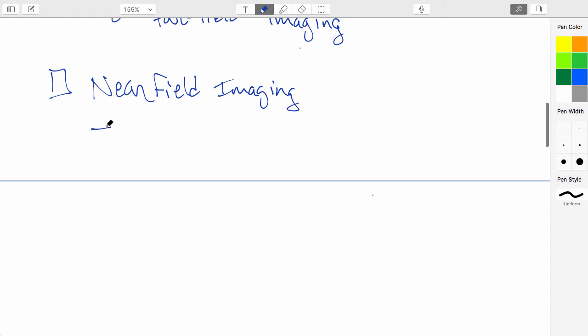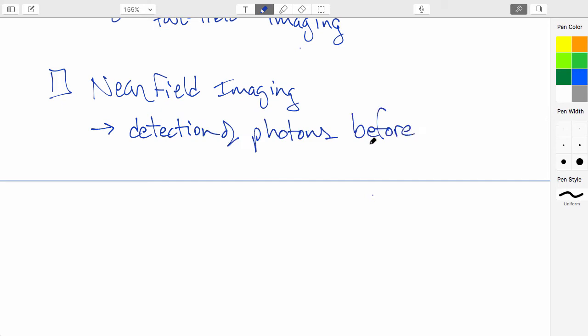So this is a scheme for the detection of photons that are emitted from a surface or that are reflected from a surface or through a surface, where the detection happens before they travel away or very far away from the surface.